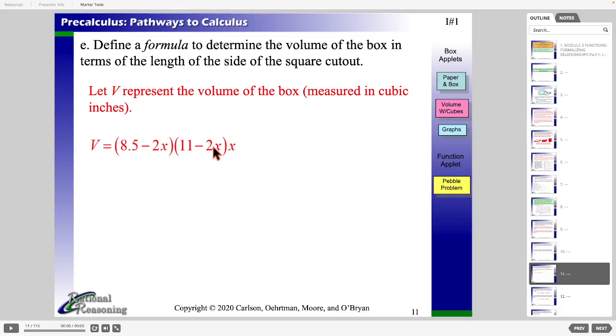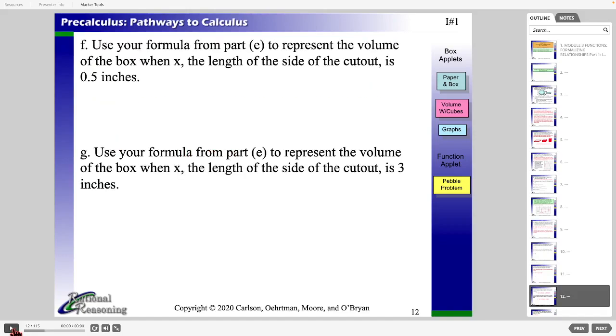So we can see that when we multiply all this out, we end up getting a cubic function, although we're going to encourage you to use a graphing calculator to do these calculations. Okay, and so you don't have to multiply it out, you just enter it in. And you could put in various guess and check.